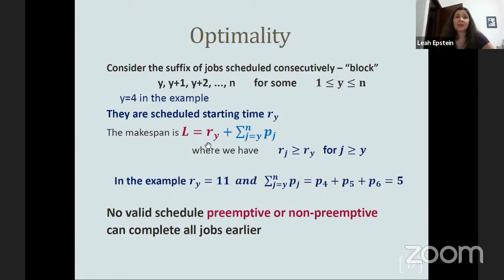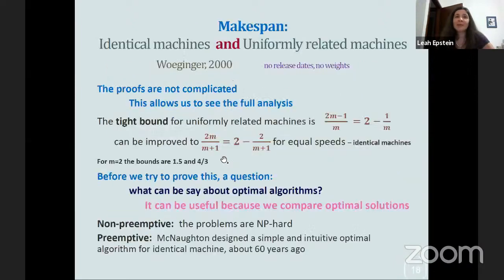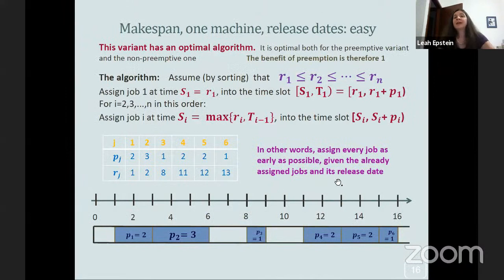And this algorithm is optimal, as you probably know, because of the last part. All the three last jobs have release dates. In this example, on slide 16, they all have release dates of 9 or more, so we cannot complete them before time 16. So why am I discussing something that is so well known and simple?